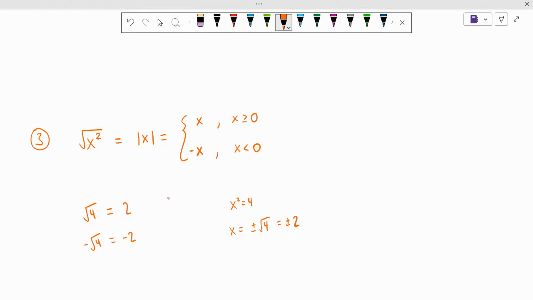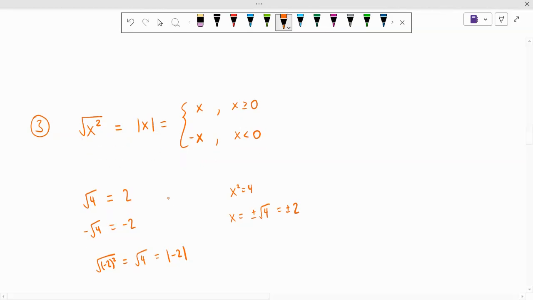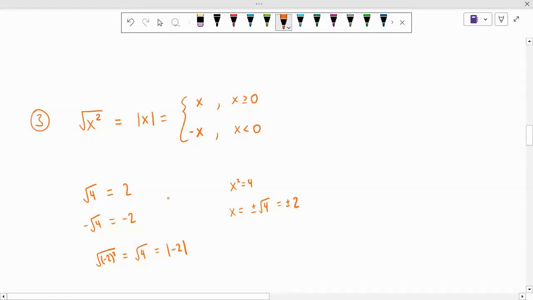So that means when you have something like square root of negative 2 squared, the answer is not going to be negative 2, because this is just square root of 4. So really the answer was 2, which you could think of as the absolute value of negative 2. And that's kind of the idea of square root of x squared should be equal to the absolute value of x, not just x, okay? That's not a super important thing, but something that will come up in your Calculus 1 course. So I just want to try to address it here, okay?